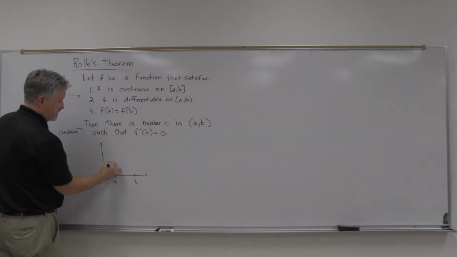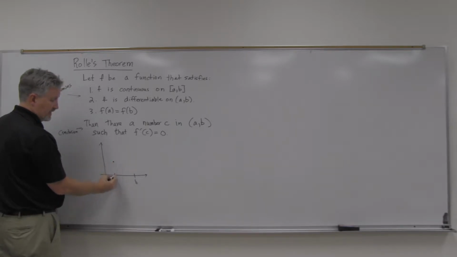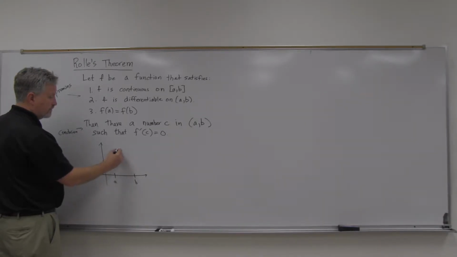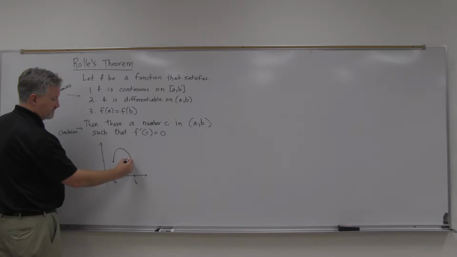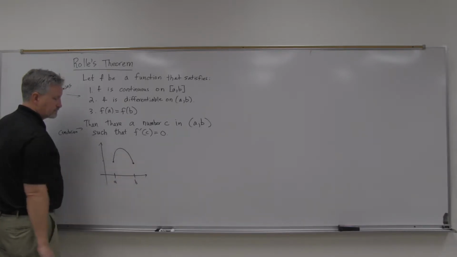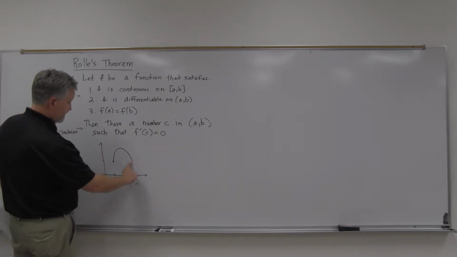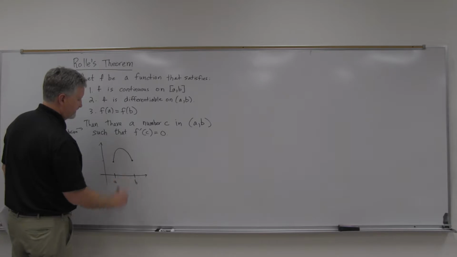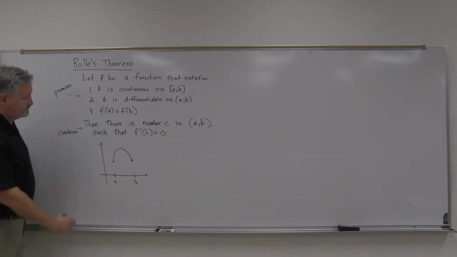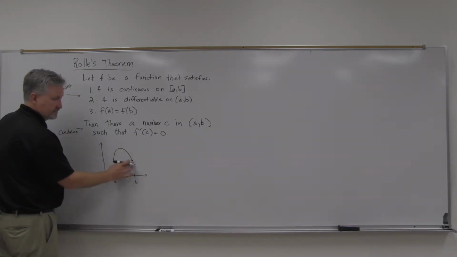If I start here at this point at a, so my function value is here, whatever happens in the rest of the function, if f of a equals f of b, then it's got to come in at the same level there. A little better, I overshot it there. So you've got the same level for f of a and f of b.